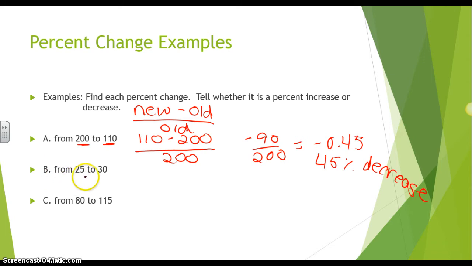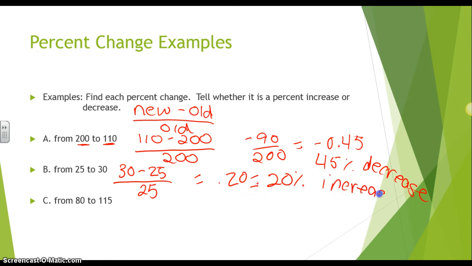The second one, from 25 to 30, we will have 30 new minus old, 25, over my old or my original. 30 minus 25 divided by 25 is going to give me 0.20, which is a 20% increase for this problem. Notice there's not a negative sign, so it's a percent increase. The previous problem we had a negative for our answer, so that's a percent decrease.